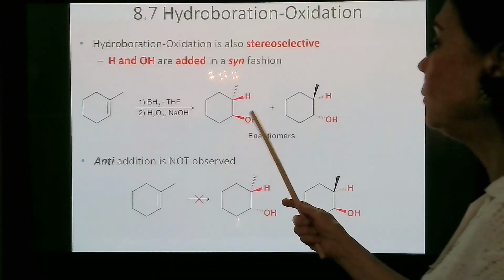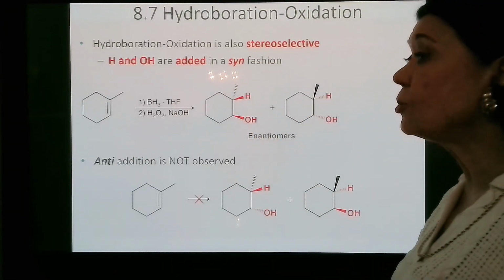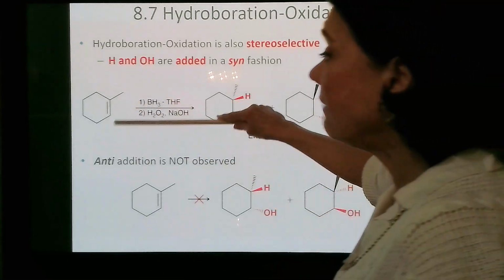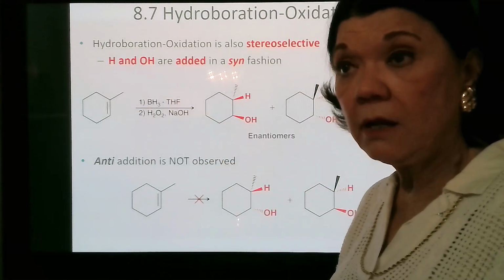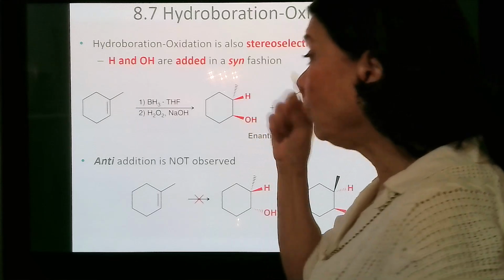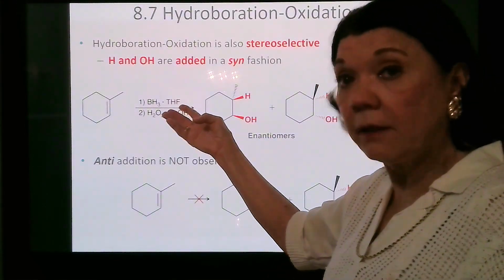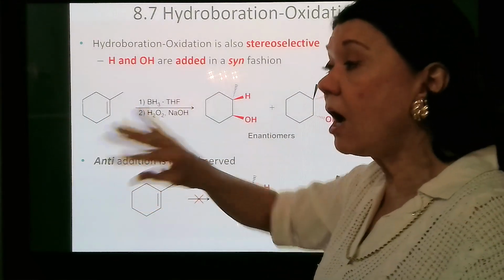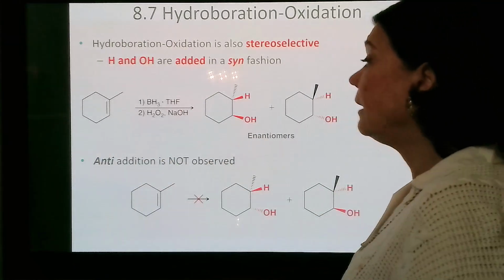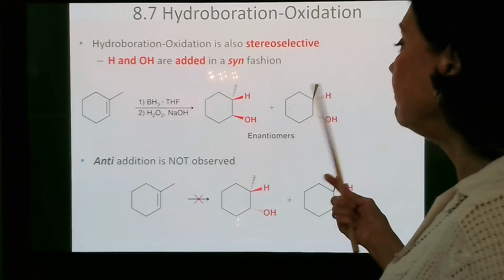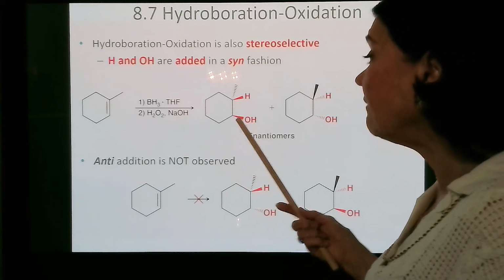So these are the 2 possible enantiomers, and anytime that you have a planar molecule or intermediate and it reacts, you're going to have a possibility of your reactants coming in from one side or the other. And in my opinion, there's no need to keep making such a big thing of it.